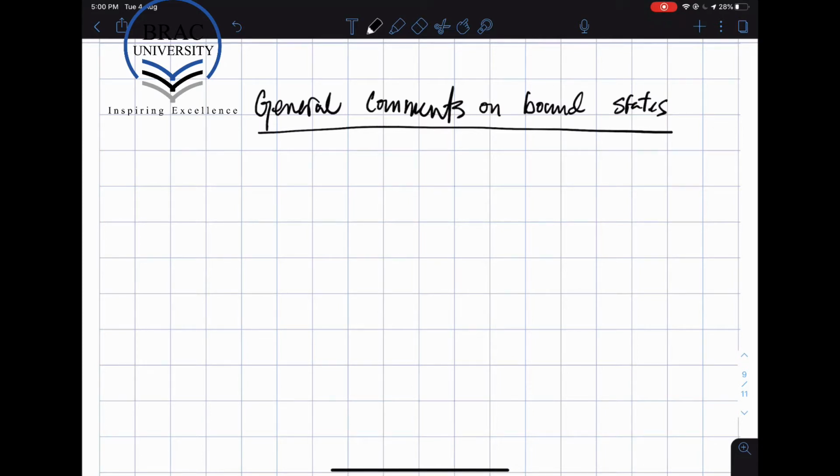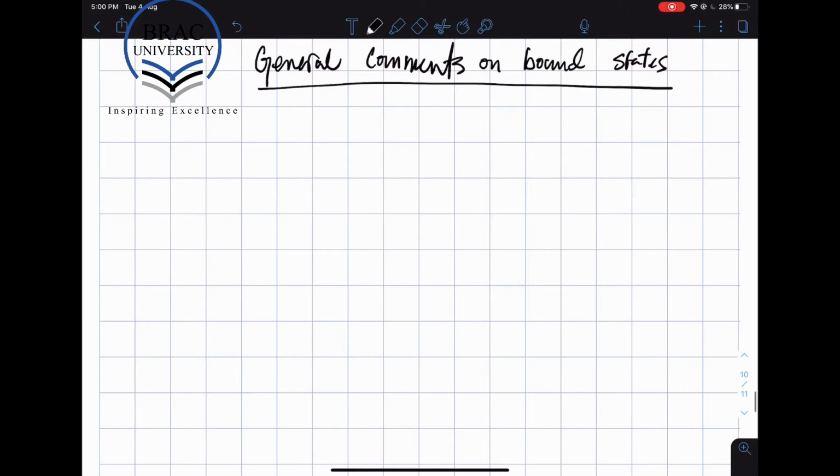However, it's worthwhile to discuss what happens in general bound state potentials, because we want to develop our intuition about bound states. So, let's consider the time-independent Schrodinger equation.